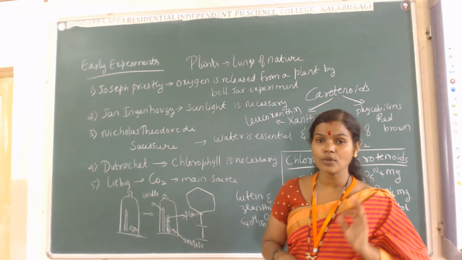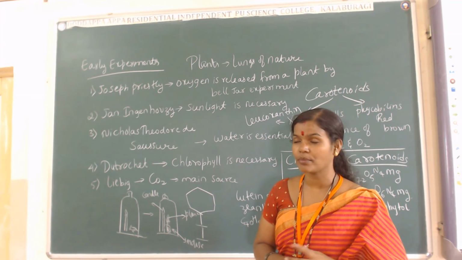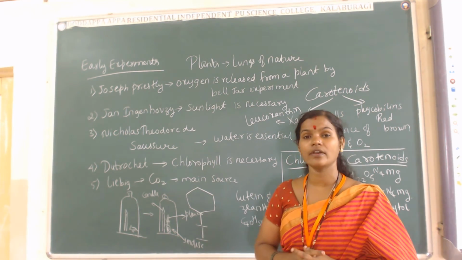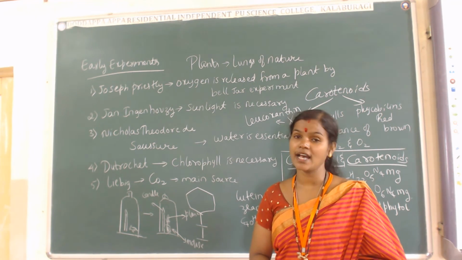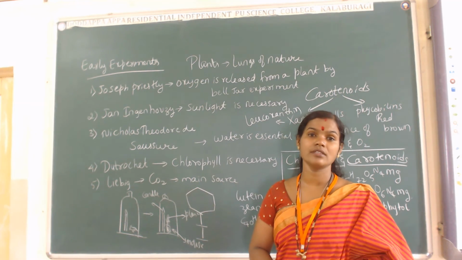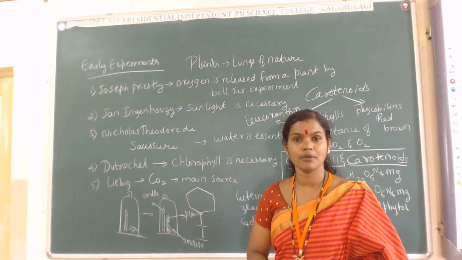Once again, in today's class, I'll repeat the concepts, concentrate here. In today's class, I have continued the chlorophyll pigment as I was telling the raw materials required for photosynthesis in the previous class.